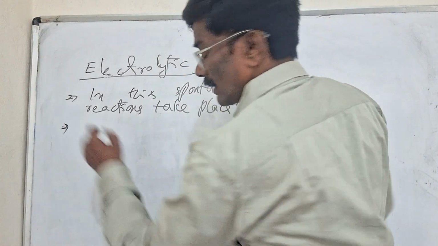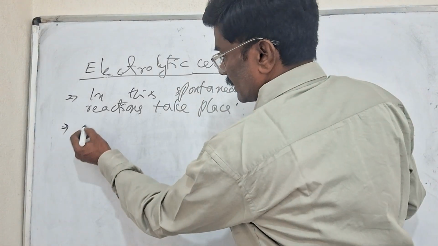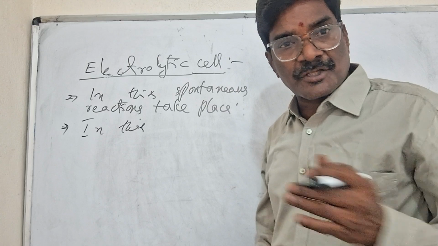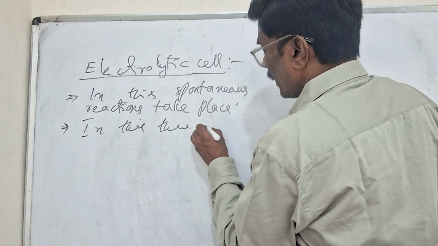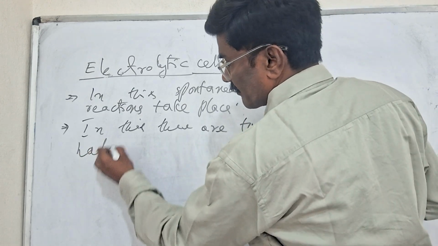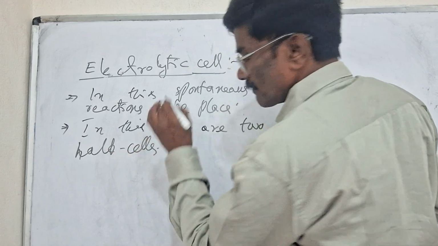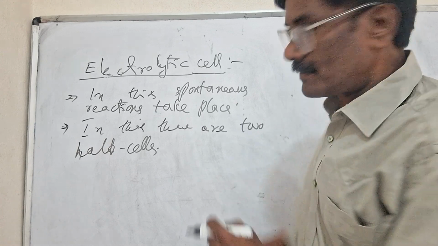Next, the cell constitutes two half cells. These two half cells together are called a redox couple.